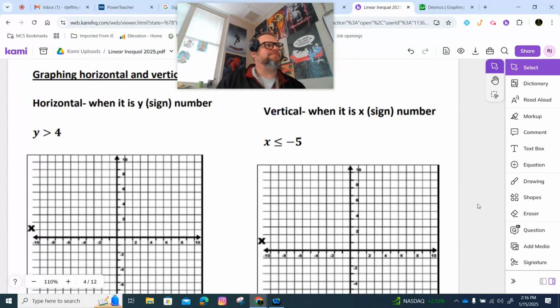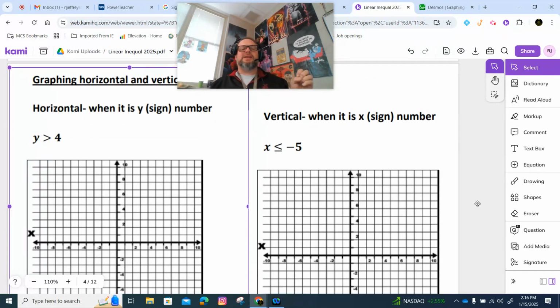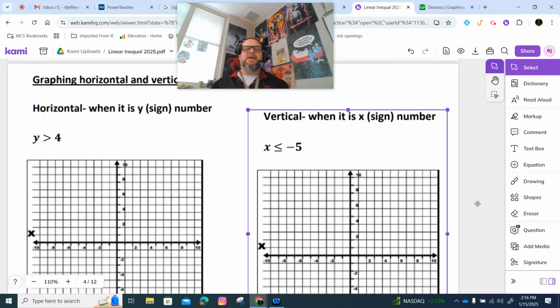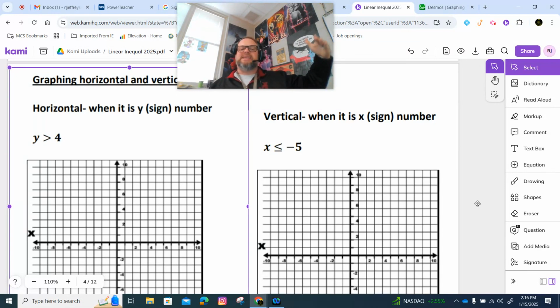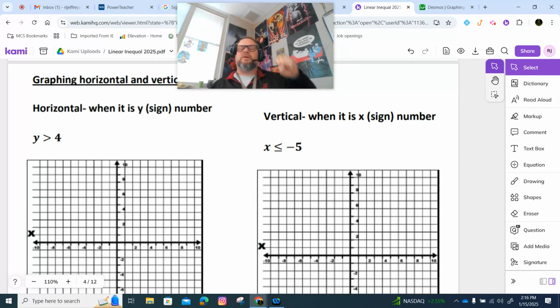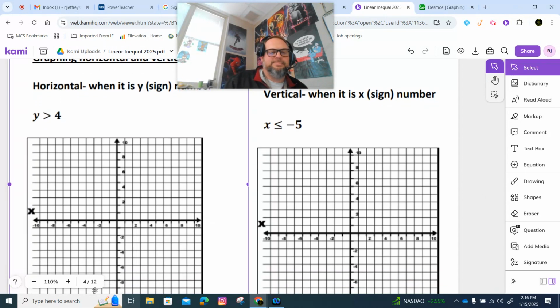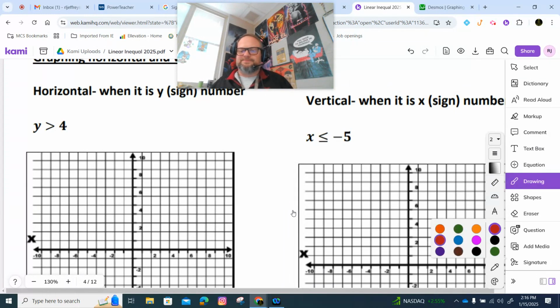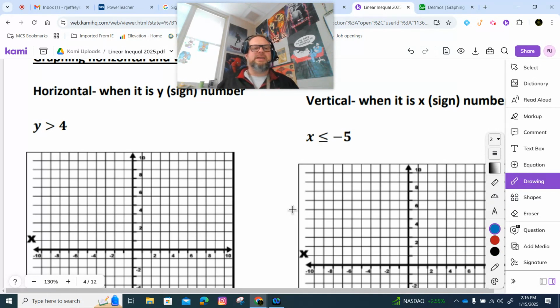All right, so now I had to do sign because there's 2 different ones, and I was afraid if I typed them over it would get confusing. So when it's Y and a sign and then a number, it's going to be horizontal. This is when Y is greater than 4.